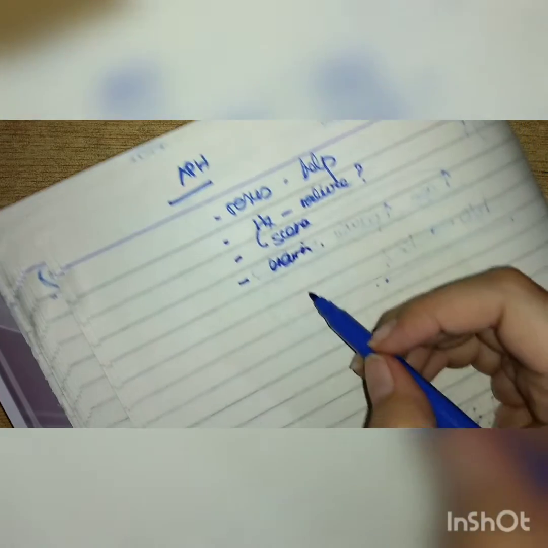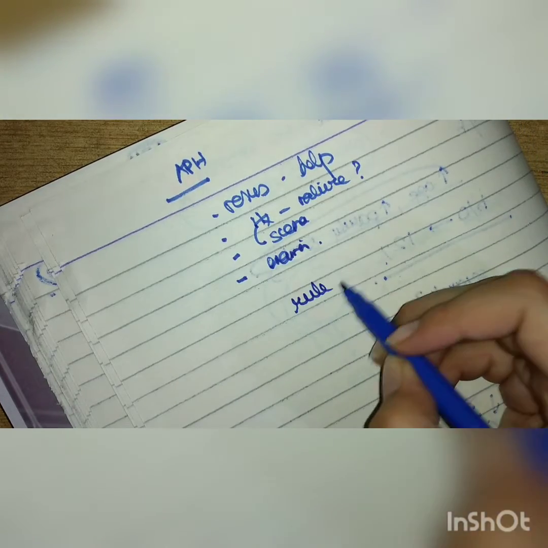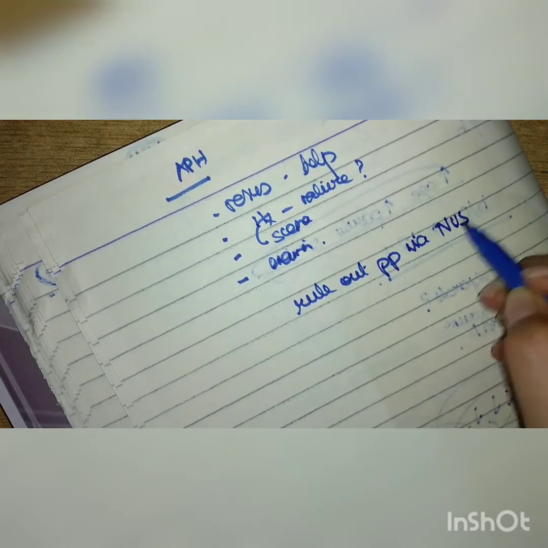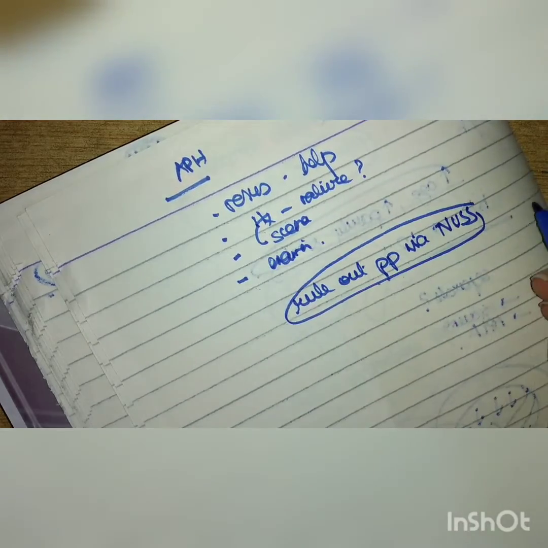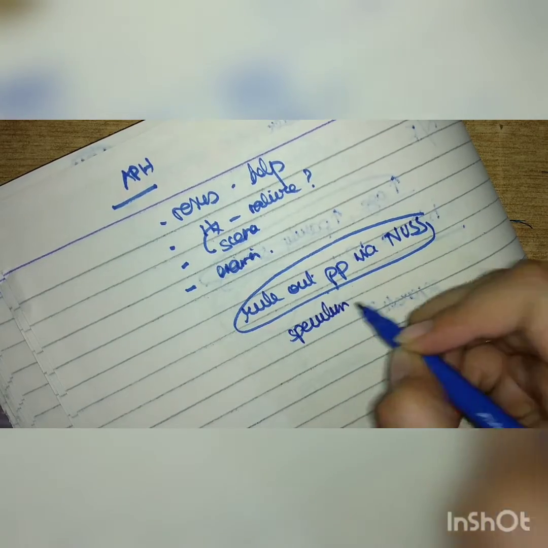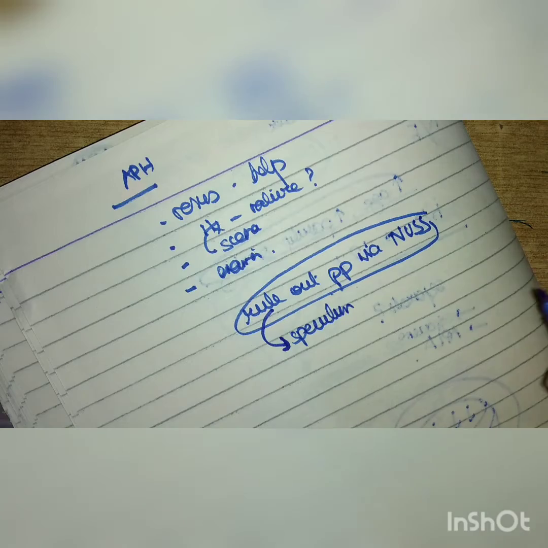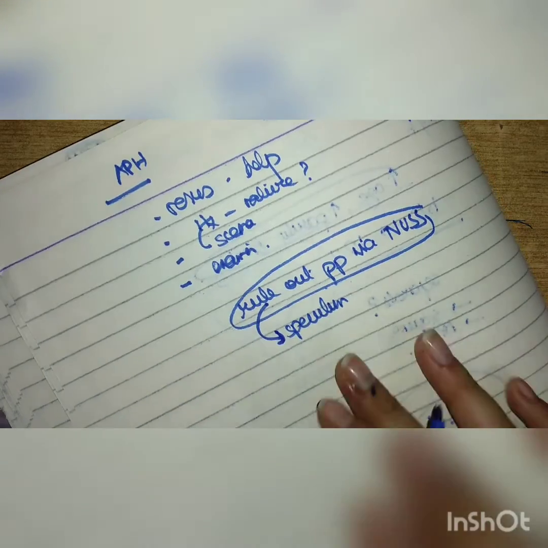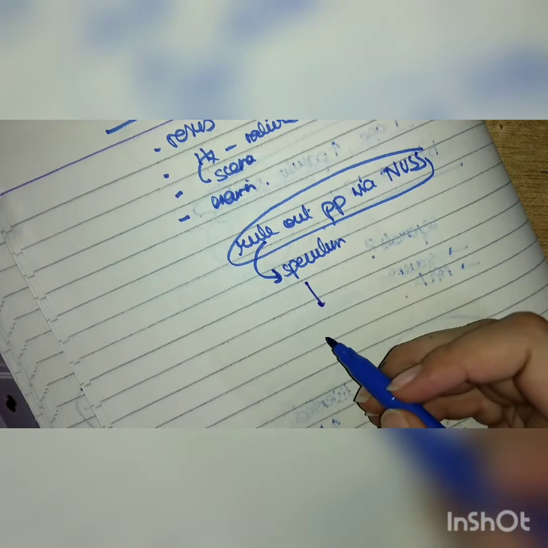For examination, always remember that you have to rule out placenta previa via transvaginal ultrasound unless it is very clear, because never do a speculum examination before ruling out. Rule out and then do a speculum examination, but basically we won't have time for this, it is just a theoretical point. So now how are you going to manage the patient?